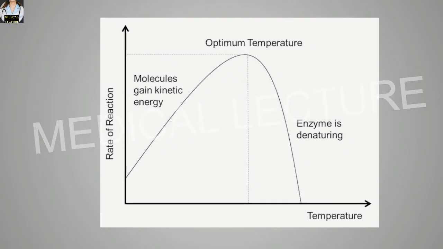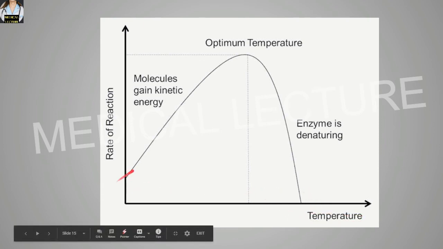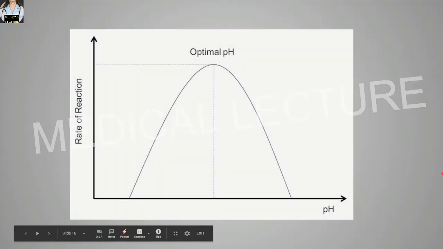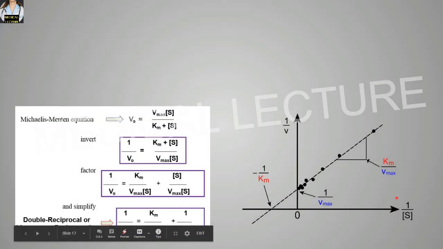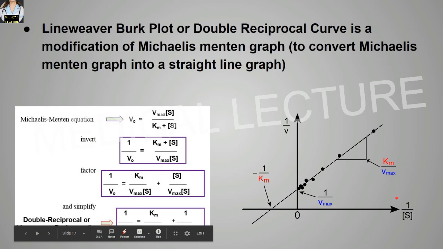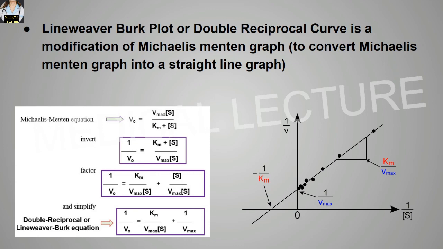This is a graph between the velocity and the temperature, and remember, it is a bell-shaped graph. The next graph is between the velocity and the pH, and this is also a bell-shaped graph. The Lineweaver-Burk plot, or double reciprocal curve, is a modification of the Michaelis-Menten graph.